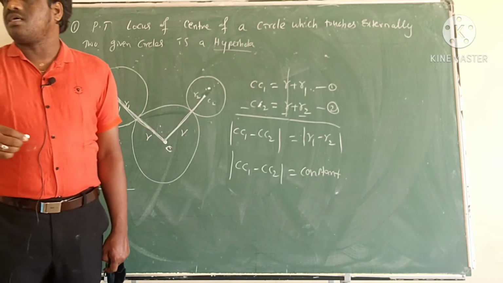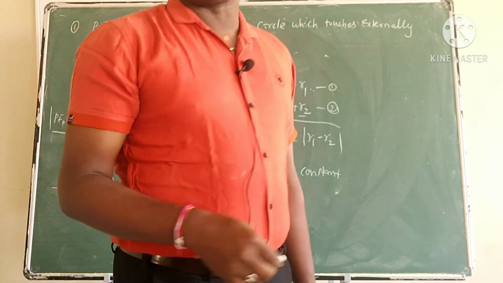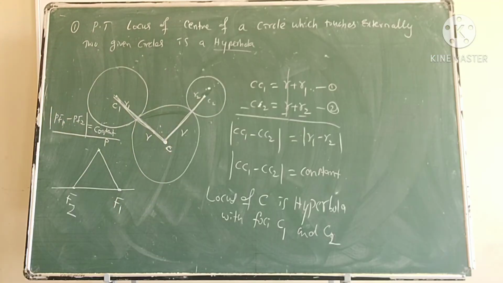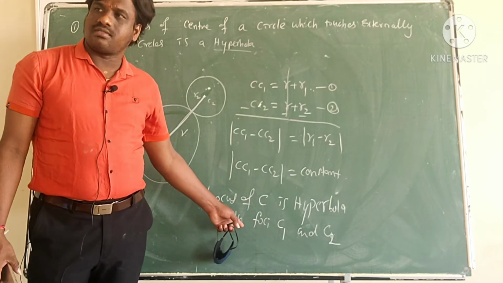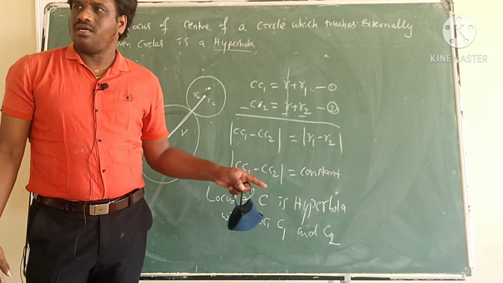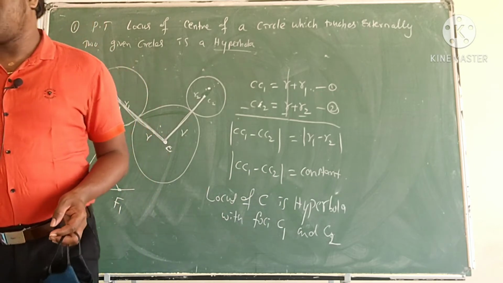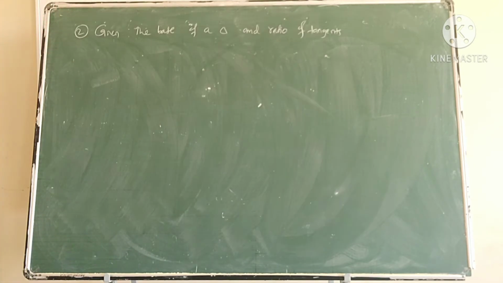C is the point that forms the hyperbola. C is the locus and C1, C2 are the foci. Focus, locus. Okay, understood? This is the thing you have to know.